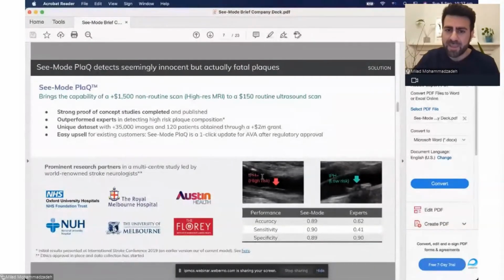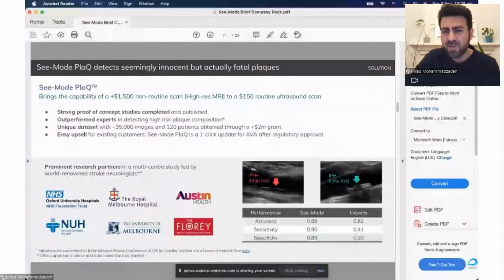It's called intraplaque hemorrhage, or IPH, which can create a high risk of recurrent stroke for this patient. On the right-hand side, you've got a plaque that does not have blood inside it. It could, for example, have a higher percentage of calcium or fat inside the plaque, but not as much blood. And this does not create as much risk for the patient to have a recurrent event.